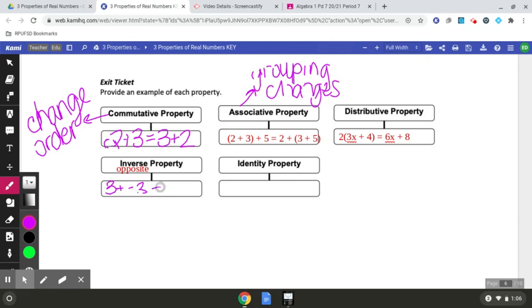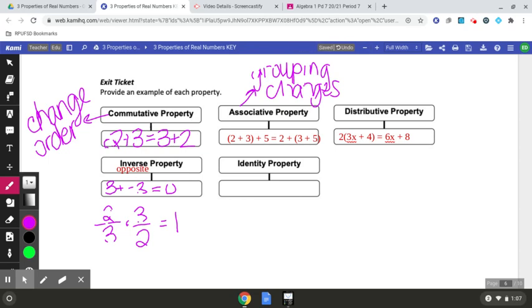Those are opposites and they equal 0, right? If we did multiplication, and let's say I started with 2/3, if I multiply by the inverse or the opposite, I would take the reciprocal and flip it and make it 3/2, and that would give me 1. So that's for addition and multiplication. I gave you both there.